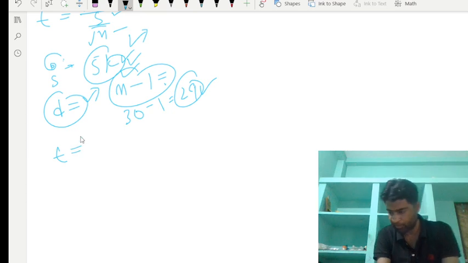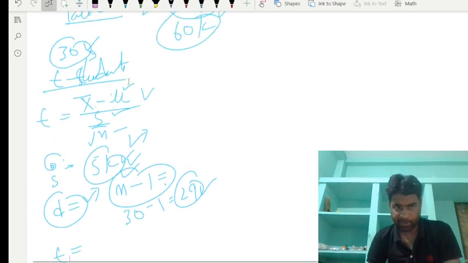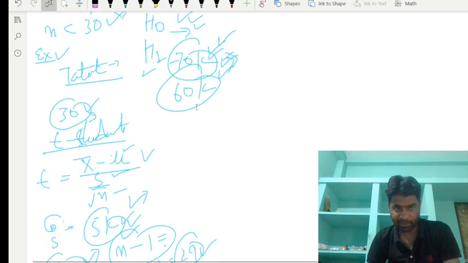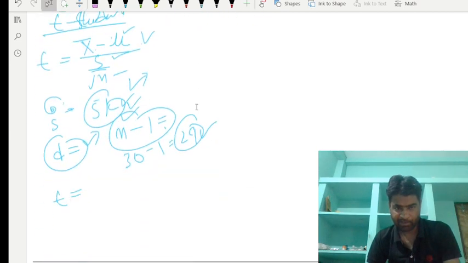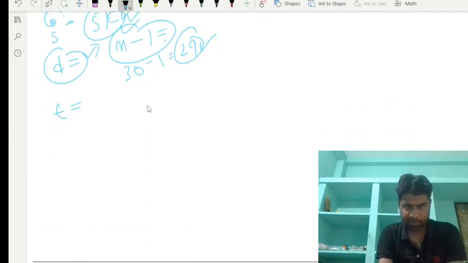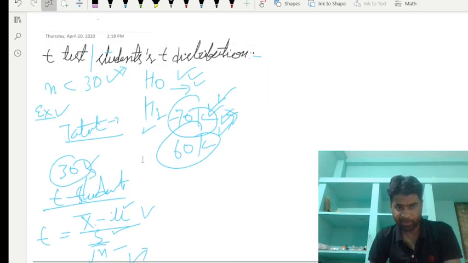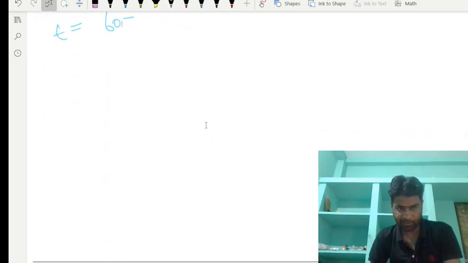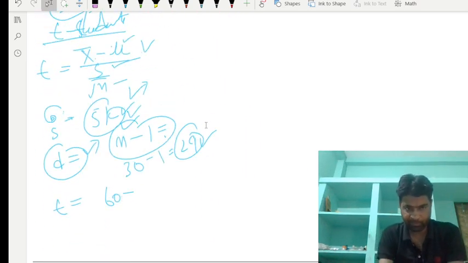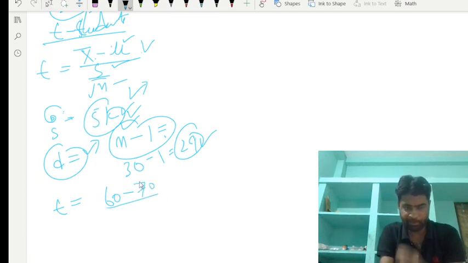T is equal to our sample mean, that is 60,000, minus the hypothesized mean salary of the employees, 70,000, from the earlier research, upon the standard deviation, 5000, over the square root of the sample size, 30.